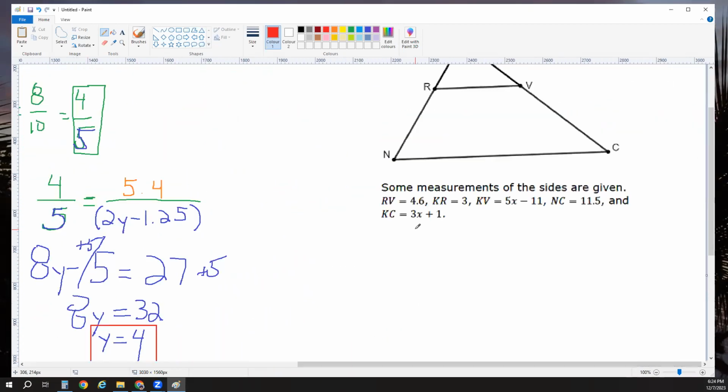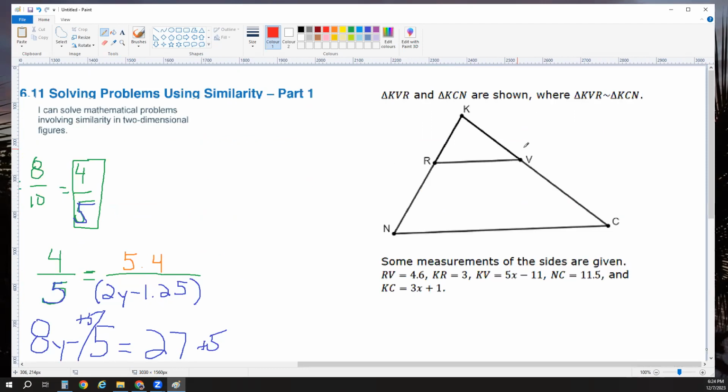Okay, now we got this one right here. I got KVR, this little red one, and I got KCN. KVR and KCN. Little guy, big guy. Big guy's blue.